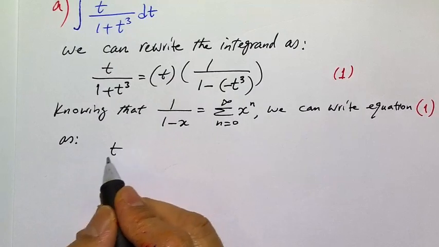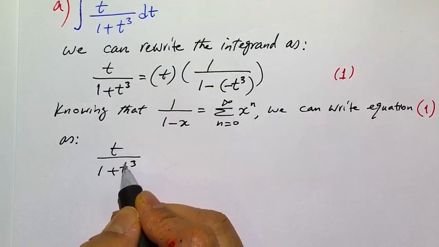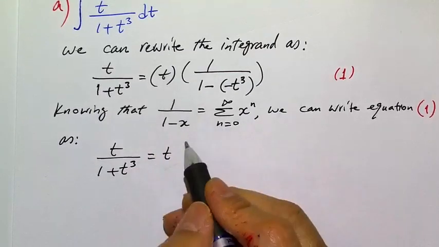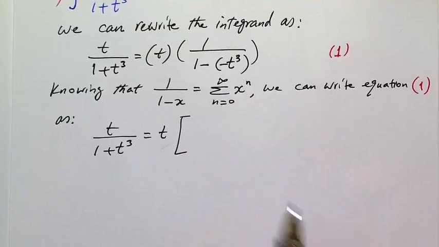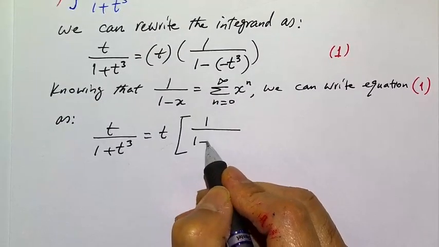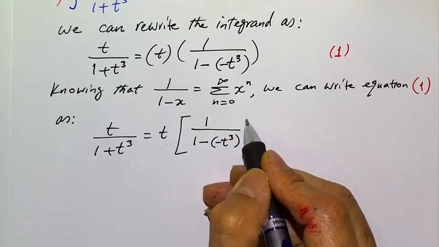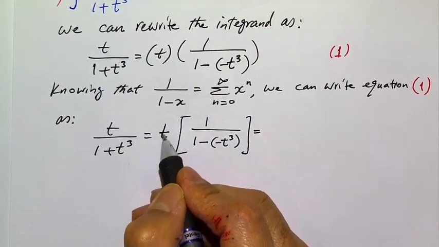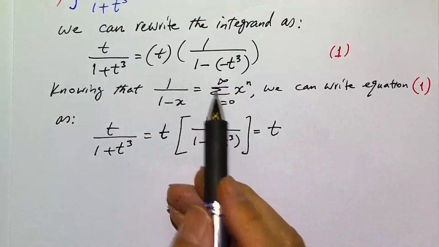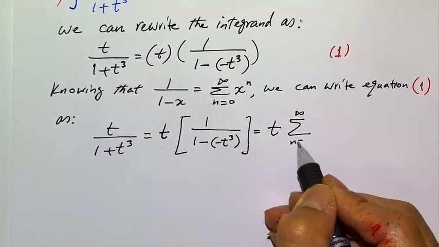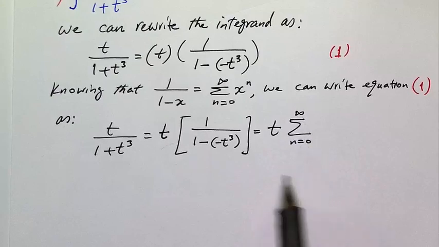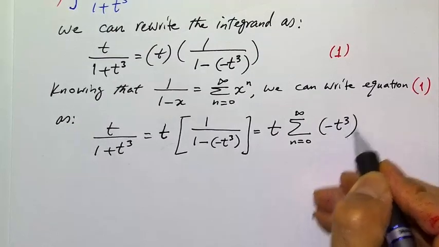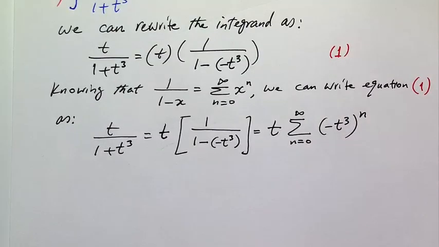So t over 1 plus t cubed equals t times, I'll just put the power series here, 1 over 1 minus minus t cubed. So multiply this side, we have a factor t right here, right? So t times the power series from 0 to infinity, and then instead of x we have minus t cubed to the n power, right?